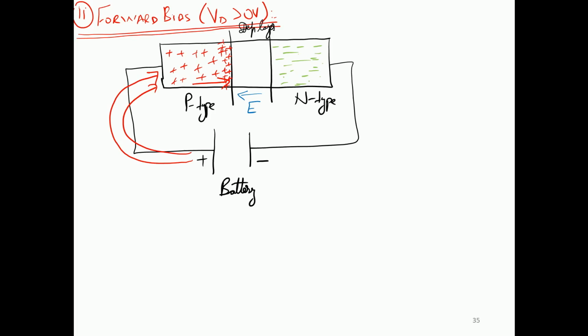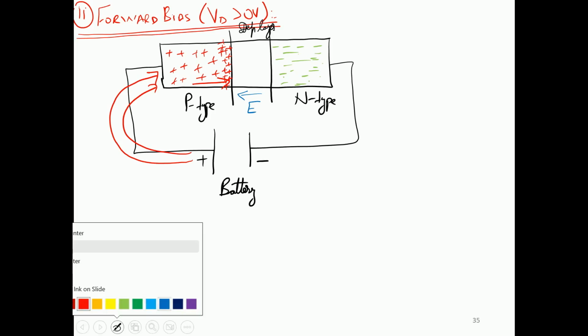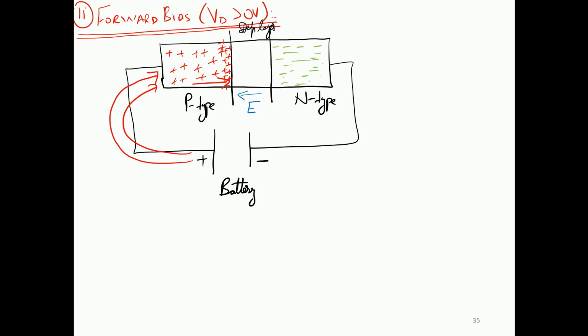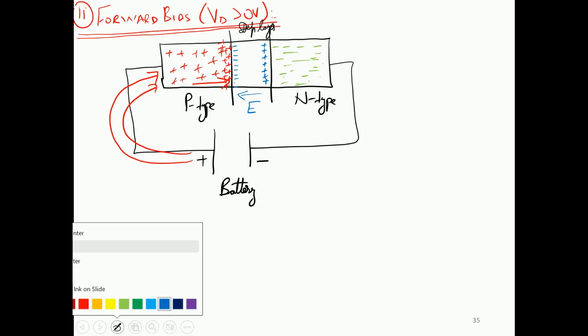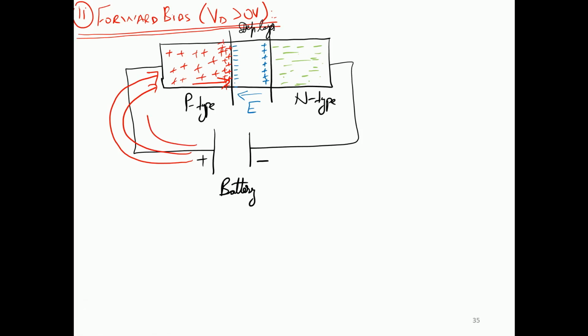Keep in mind that previously we had the depletion layer charges as such. P type was over here, the concentration, and the N type was over here. So now what is going to happen is that this battery is going to push the charges, and thus the P type is going to now recombine with these barrier electrons, and you can see that it is going to overcrowd or overshadow these electrons, because now the strength of the P type in this region has abundantly increased because of the addition of the battery.